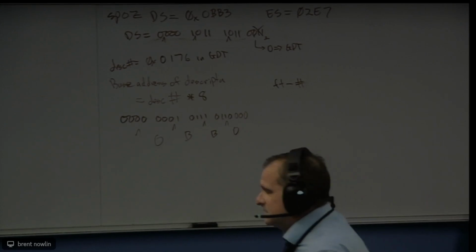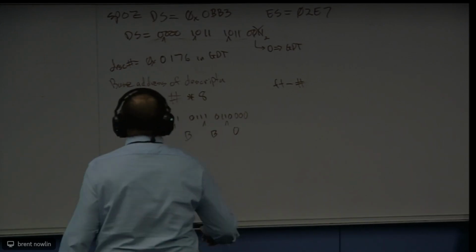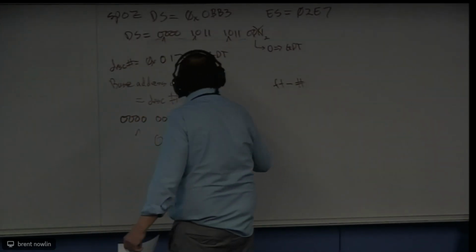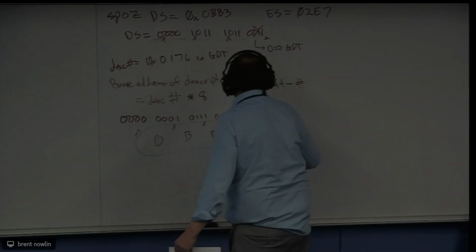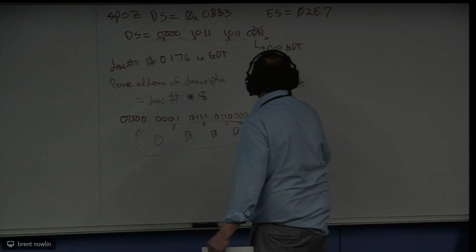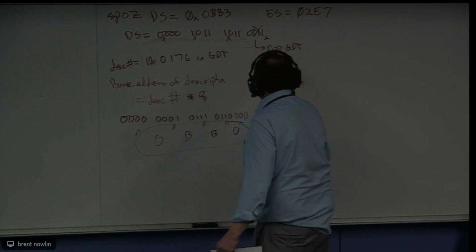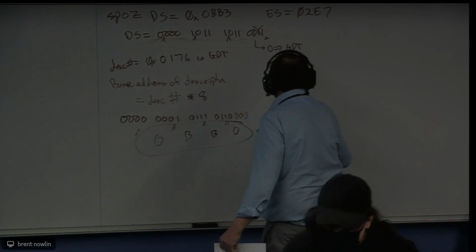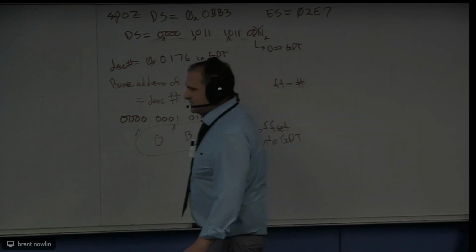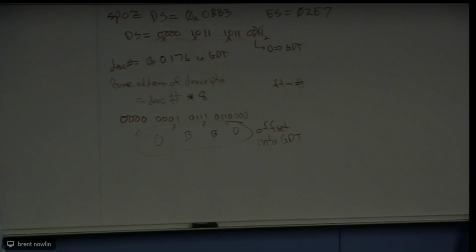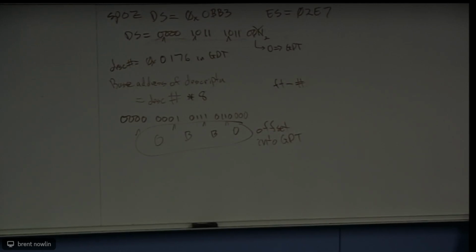It's not. So what we do is this serves as an offset into the global descriptor table. Well, if it's an offset, that means that it's added to a base address, no? Right? What's the base address of the global descriptor table?